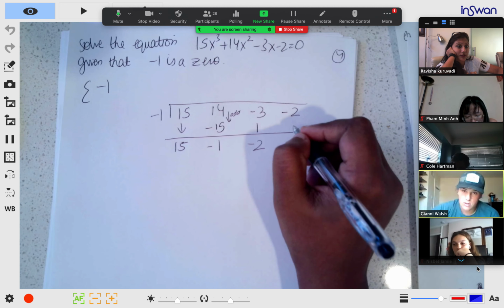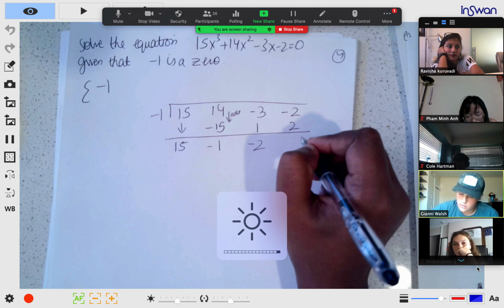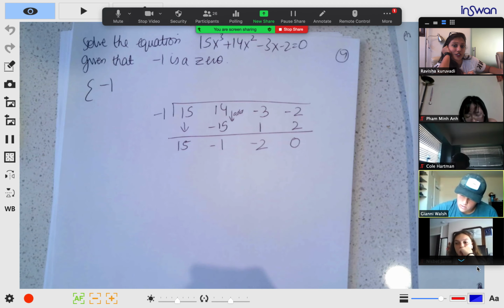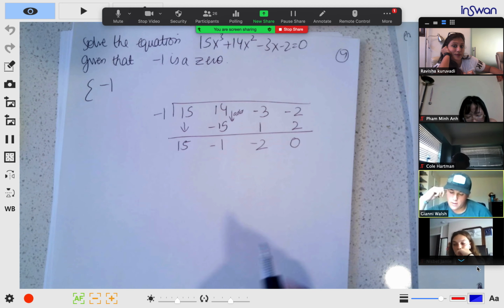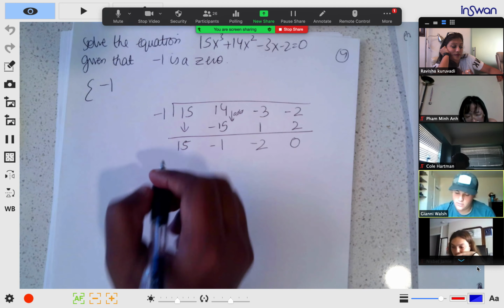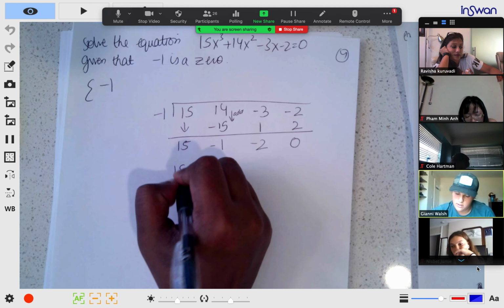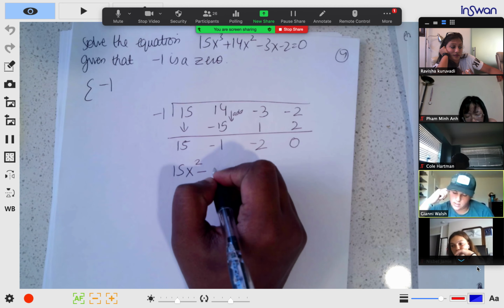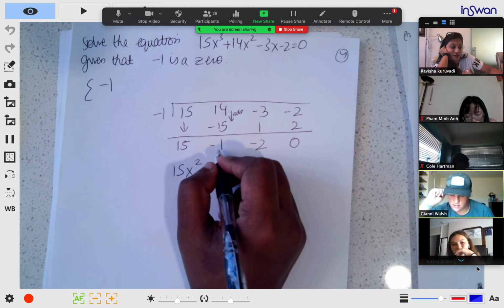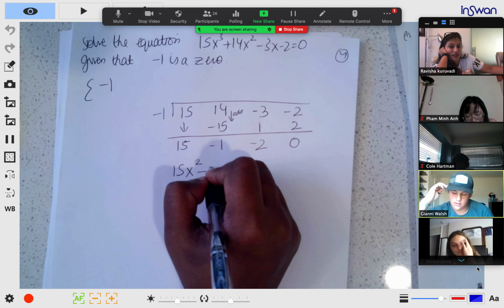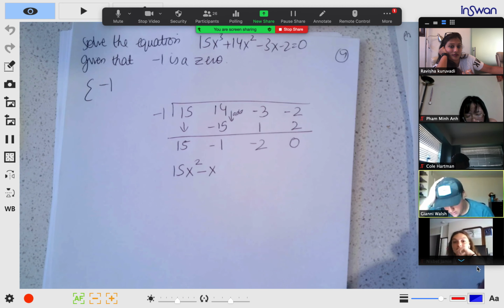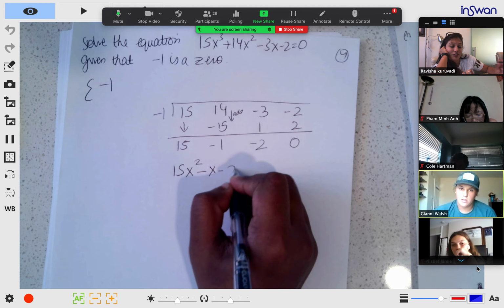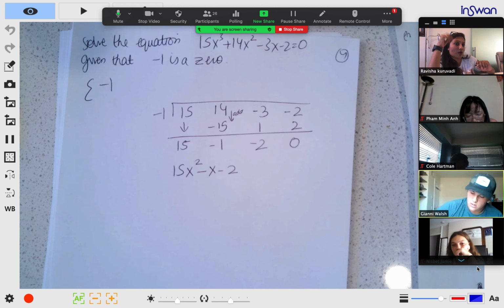Okay, you add, what do you get? 0. Okay, perfect. So what's your quotient now? Would it be 15x squared minus x, and then minus 2? Okay, perfect. Now use the quadratic formula and give me the other x values.